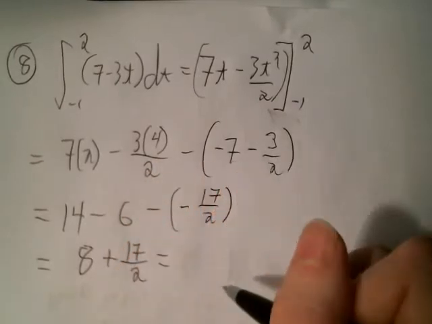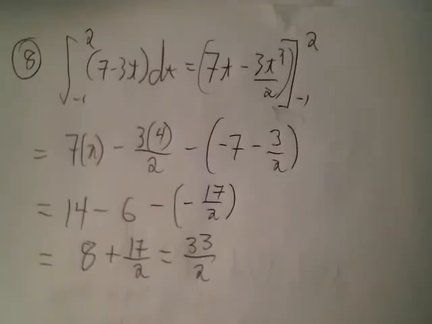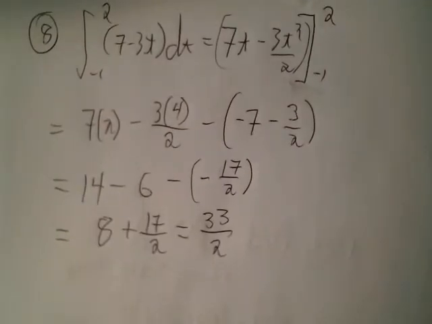So 16/2 plus 17/2 is 33/2. So a lot easier than before, right? Let's do a couple more here, and then we'll start building towards the second fundamental theorem of calculus. There's a couple things we need to deal with on the way, though.